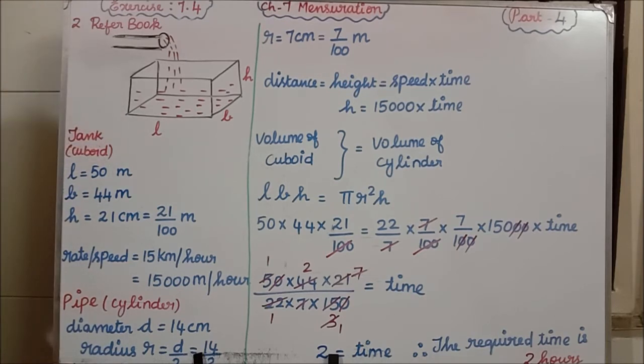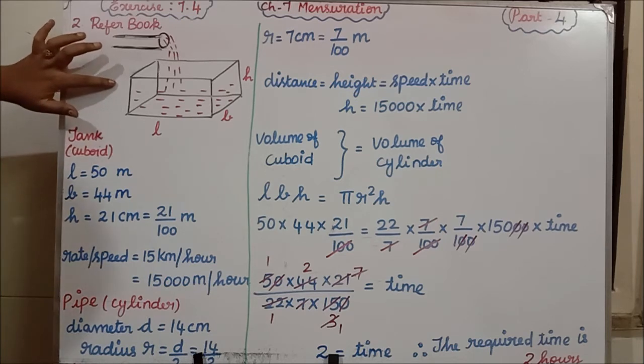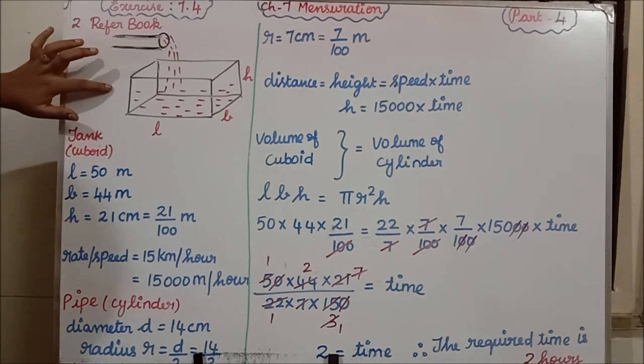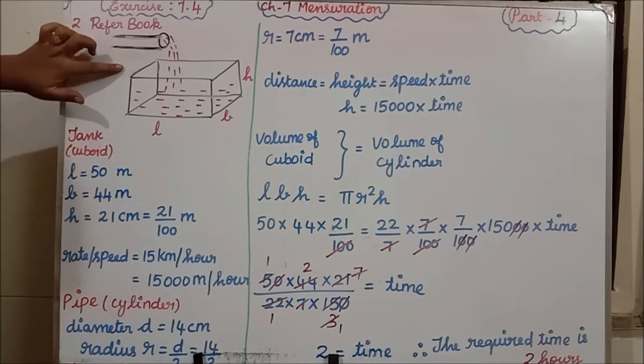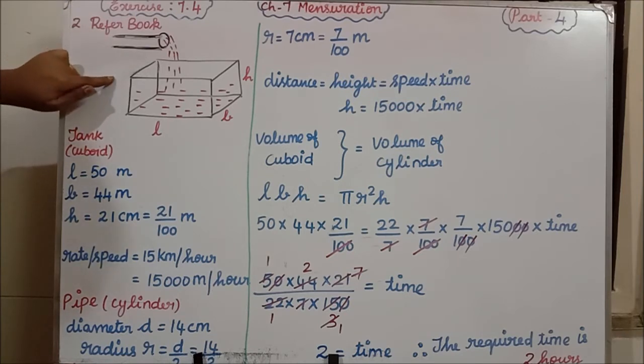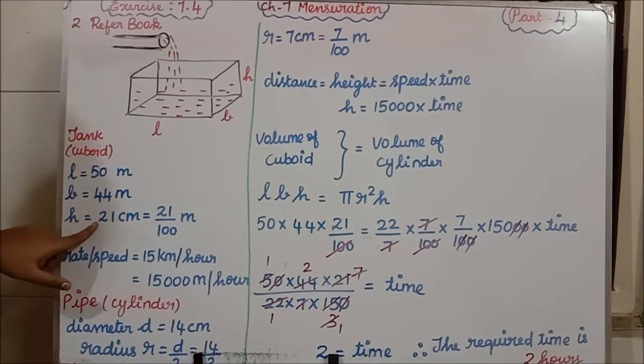Okay, so water will rise by 21 centimeter means that is the height of the cuboid we have to take. Here they have not given directly in the question the height of the cuboid, but they have said the water in the tank will rise by 21 centimeter. So that is the height of the tank. So height is equal to 21 centimeter they have given.